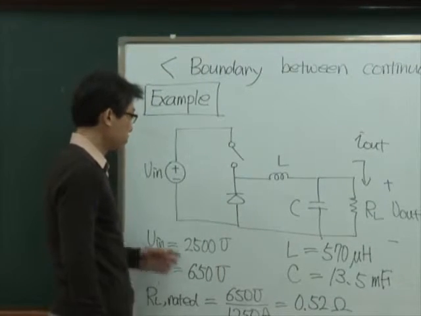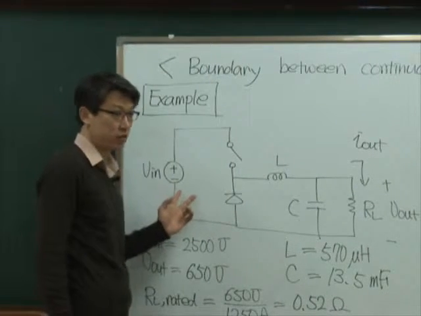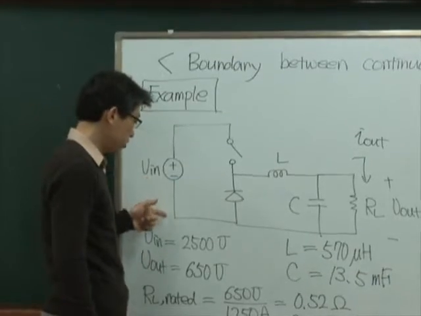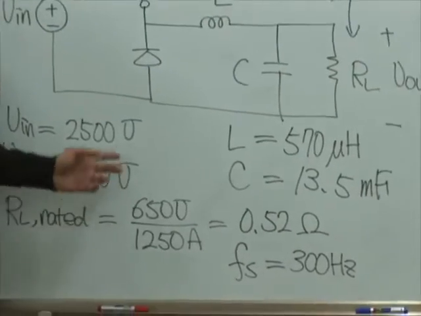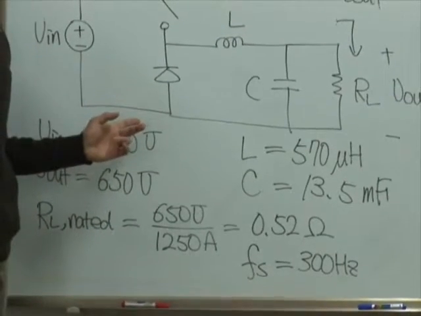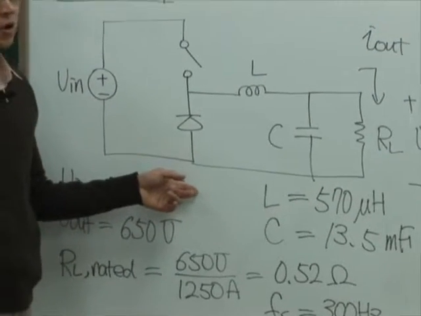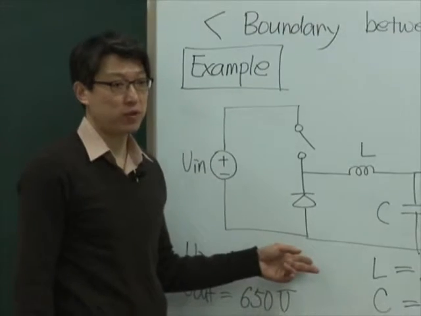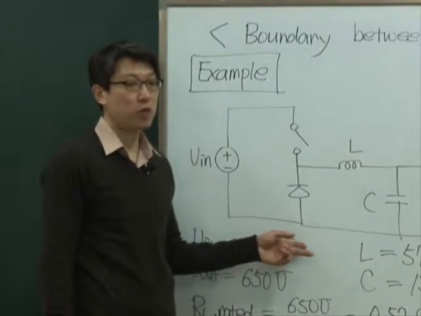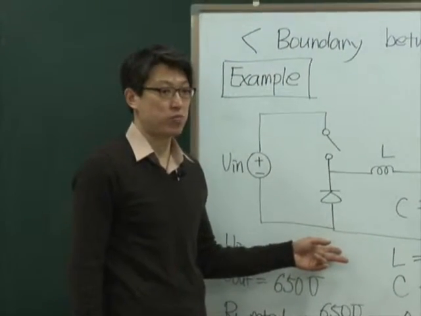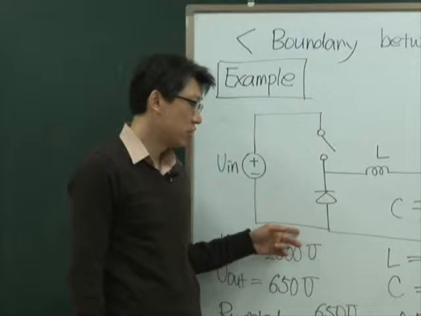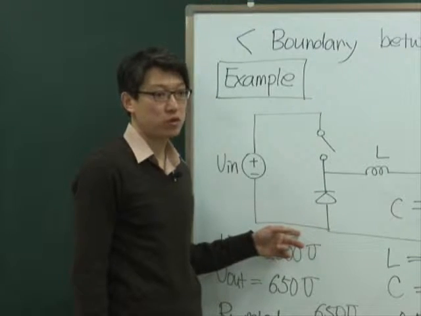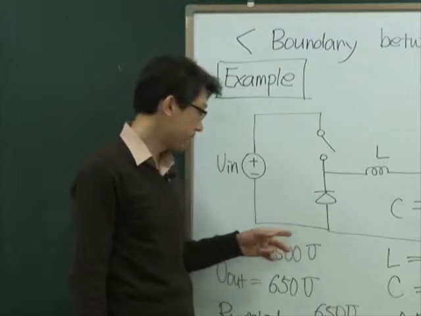Okay, let me explain once again. Here we have a buck converter. Input voltage is 2500 volts. It's pretty high, right? Very large. And this is the realistic spec from an electrolysis plant. 자, 전기화학 분해 장치에서 가져온 제가 스펙입니다. 이건 그냥 뜬금없이 나온 숫자가 아니라 실제 산업체에서 쓰고 있는 그 스펙입니다.